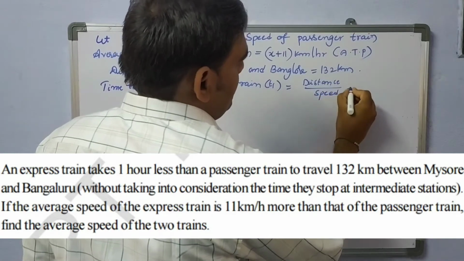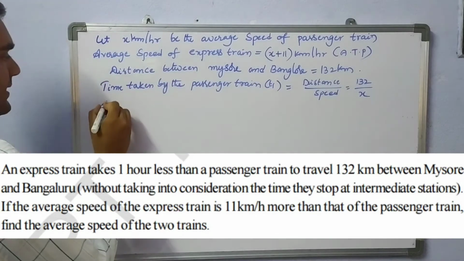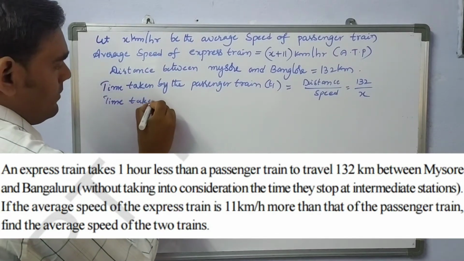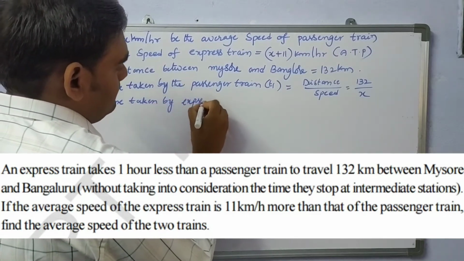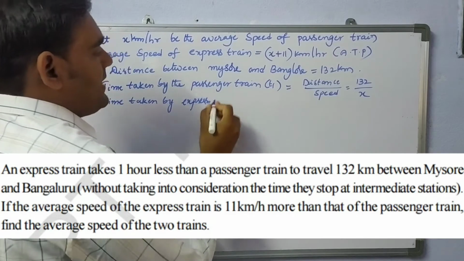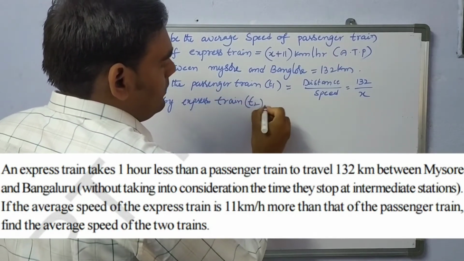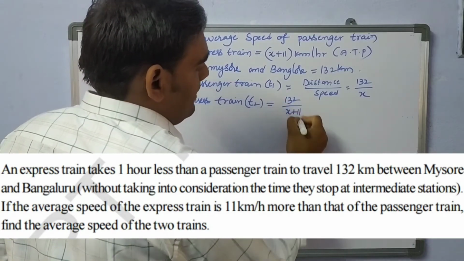So here distance is 132, speed is x. Like that only, time taken by the express train, take this one as t2, is equal to 132 by x plus 11.